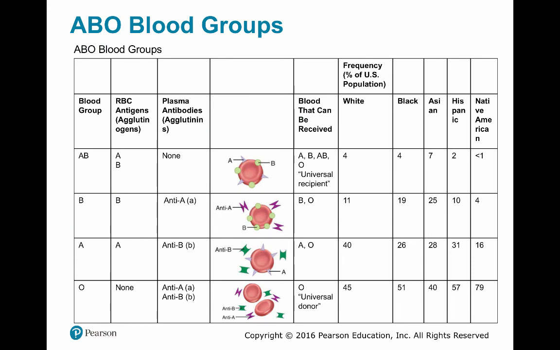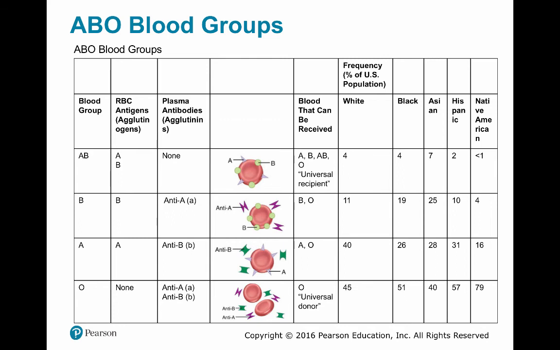We've talked about this in class already. If you have a blood group that's AB, the antigens or binding sites that you'll have on your blood are A antigens and B antigens. With that in mind, you will have no antibodies against those because your body recognizes them as being normal. So the blood that you can receive is A, B, AB, or O.